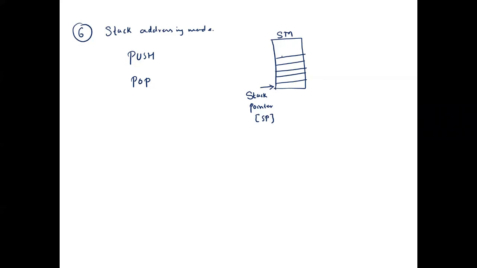If you want to retrieve the content of this memory, you cannot use direct memory addressing mode or indirect addressing mode. You have to access the content of this stack memory via the ESP register. Such a type of addressing mode we call stack addressing mode.